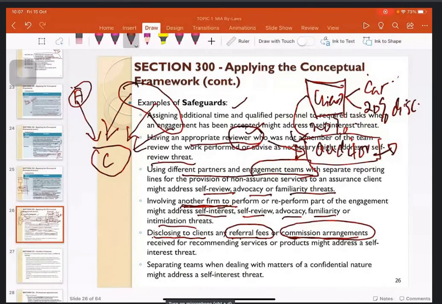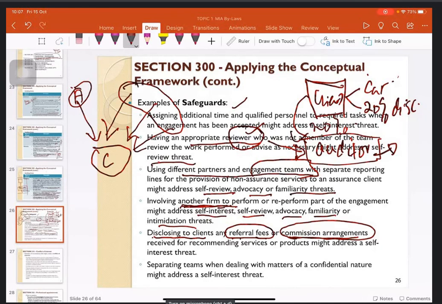Tak, macam referral fees ni macam katakanlah bahawa klien tu nak appoint you sebagai auditor, kemudian you tak boleh sebab you tak cukup staff, so you refer klien ni kepada orang lain, kepada kawan you, kepada other audit firm. Okay?